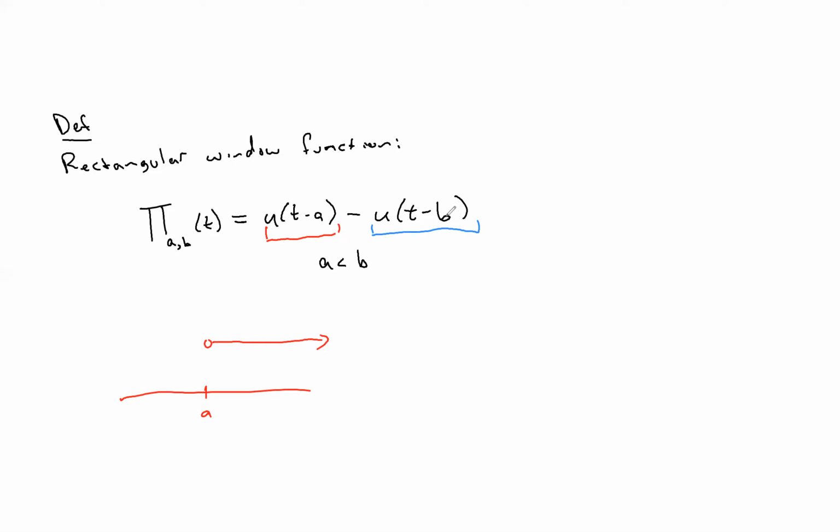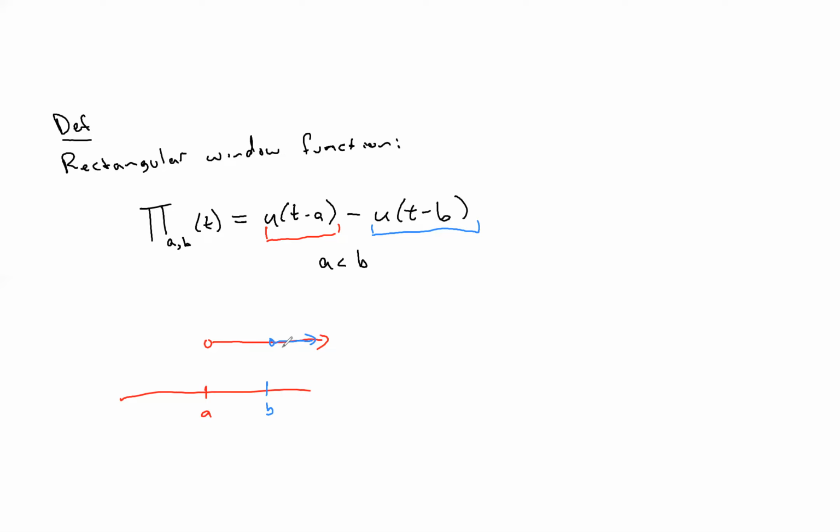So it's shifted further to the right than this first one was because b is bigger than a. So what that one would look like would be it's 0 up until b. And then all of a sudden at b, it switches on. And then from then on, it's 1.